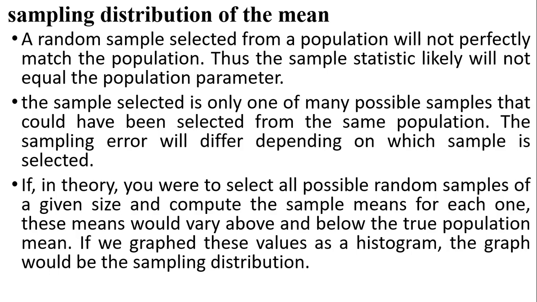Sometimes a random sample selected from a population will not perfectly match the population. Thus, the sample statistic is not equal to the population parameter. Now, this sample we have selected is not the first and the last. There are several other samples we can get from this population.